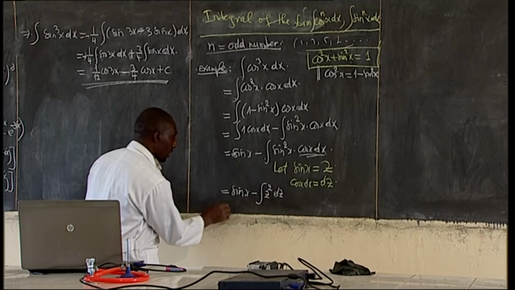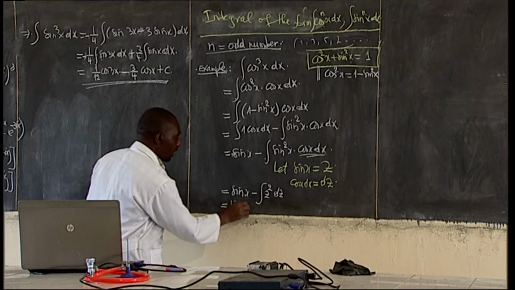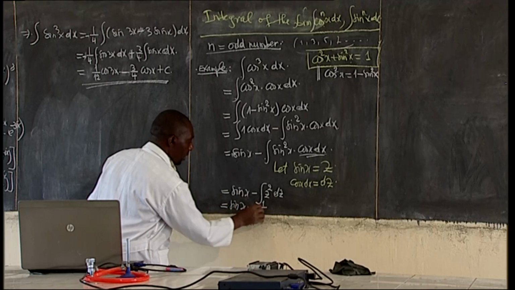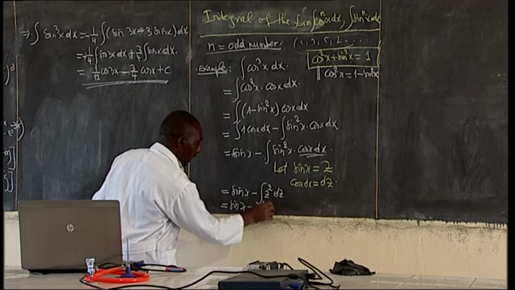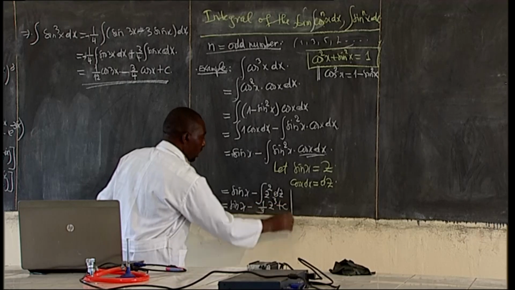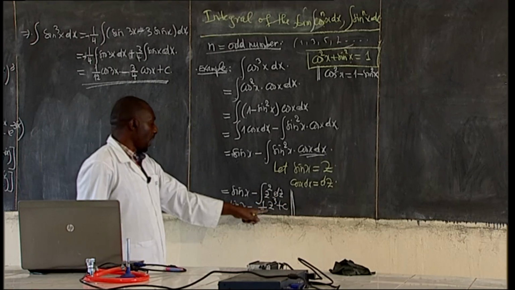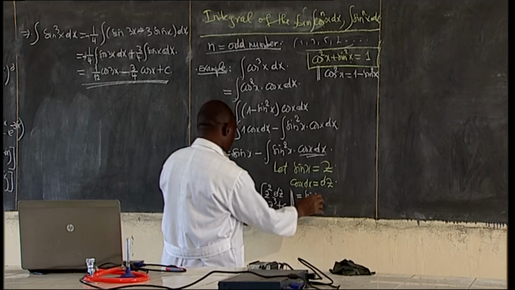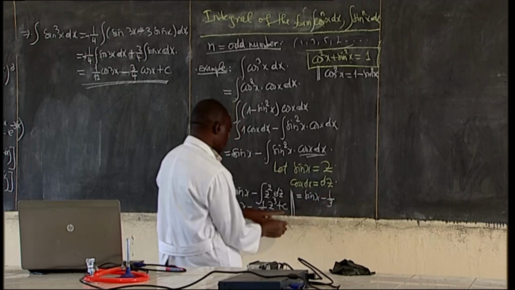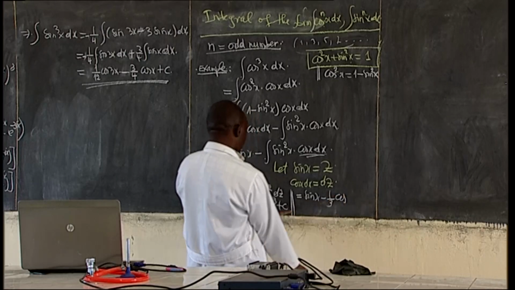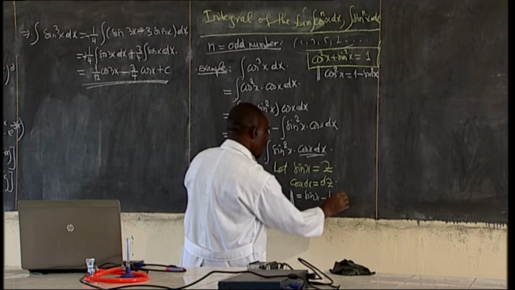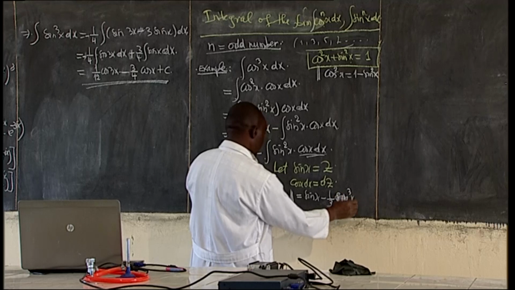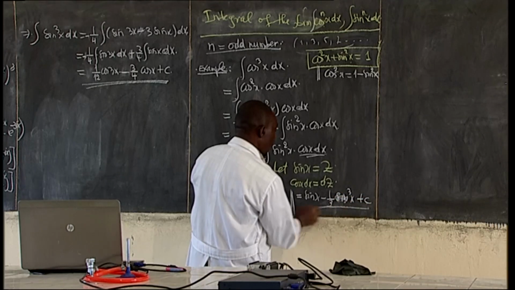And I get sine x minus 1/3 z power 3 plus c. Replacing z by its value, the answer will be sine x minus 1/3 sine cubed x, then plus c. And I'm done.